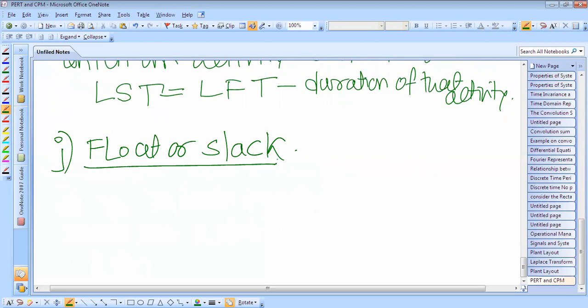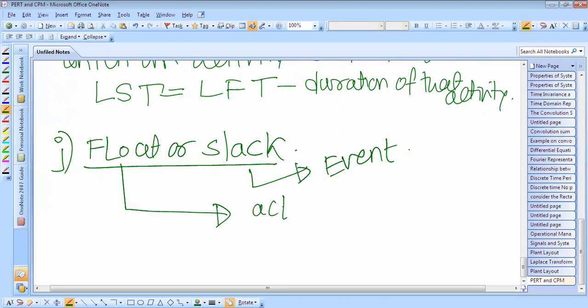The slack is generally in reference to the event, and float is with respect to the activity. You have to keep this in mind.